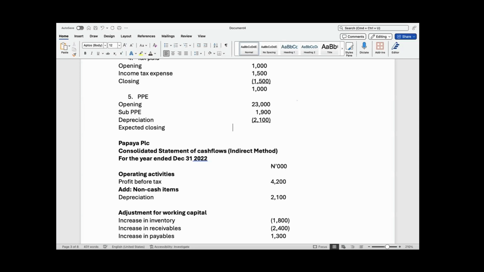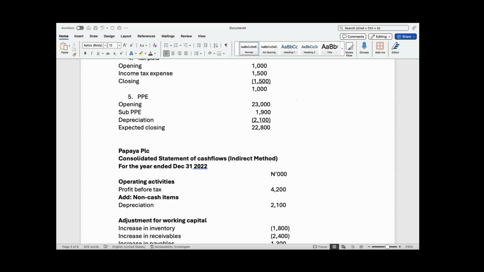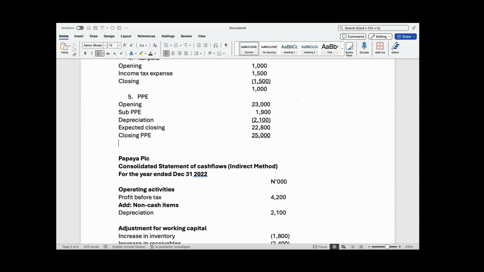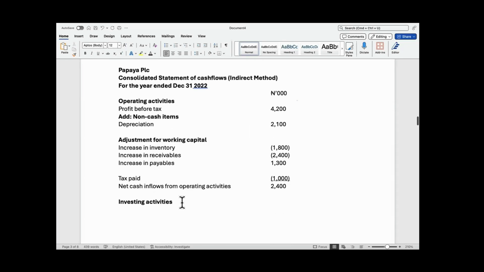So, but what was our actual closing? 25,000. So there's an increase of how much? 2,200. That means we acquired more, because if it had been a decrease, that would have been a disposal.